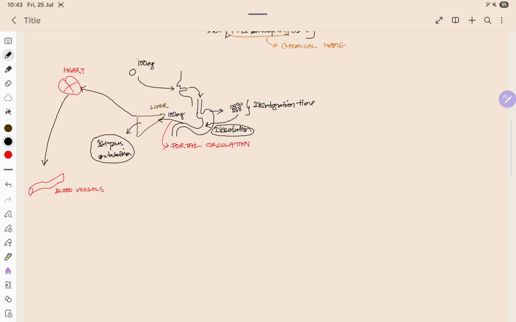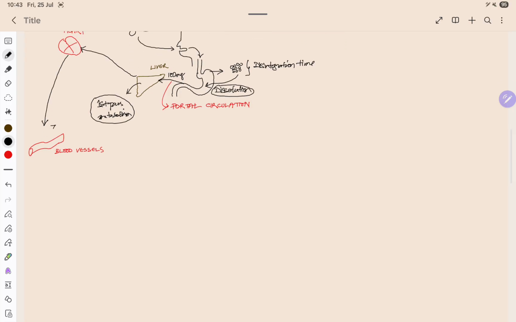So out of the 100 milligram of drug that was taken initially, let's say 70 milligram reach the systemic circulation. This 70 milligram that has reached the systemic circulation is what we call bioavailability.